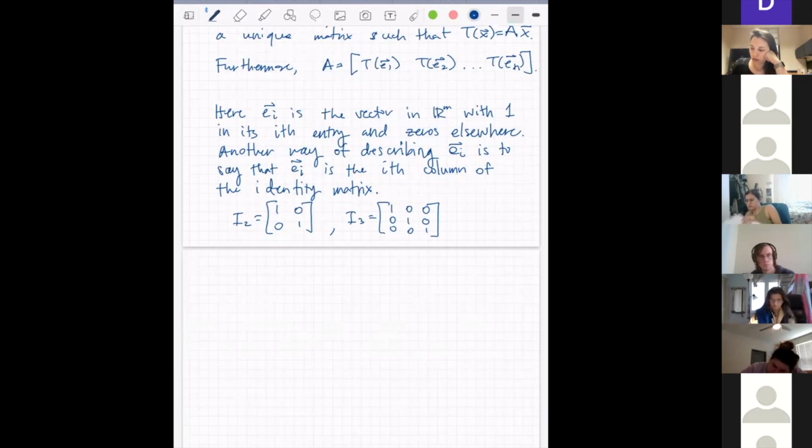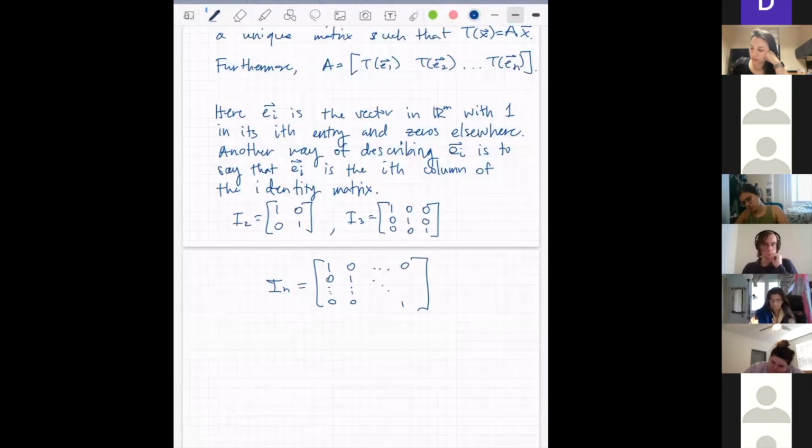And in general, we use n to denote how large the matrix is, right? So if we had n, then it would be 1 with zeros underneath it, something like this. So we can form a matrix in this way.